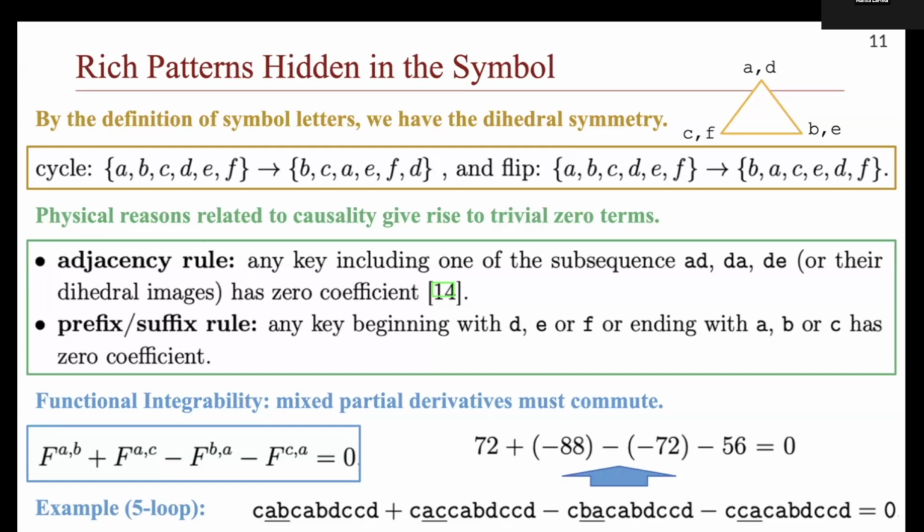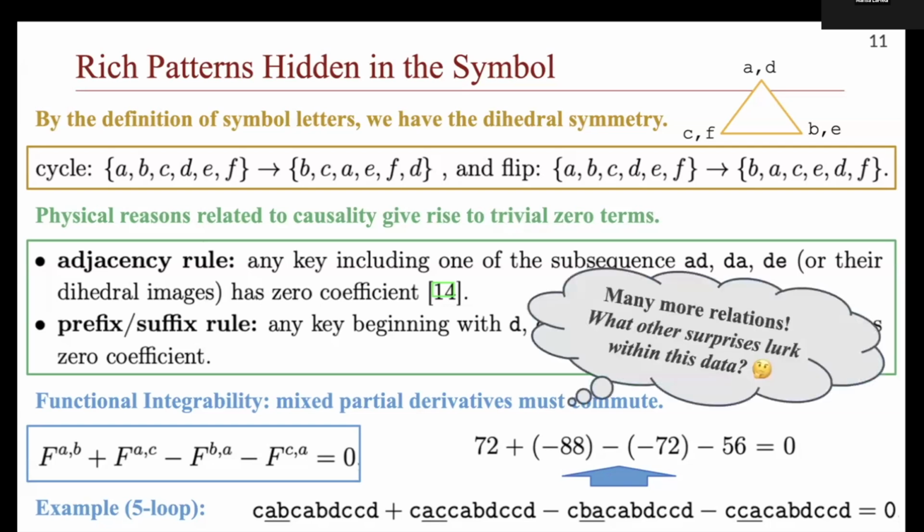To give you an example of how to read this relation, this is saying I can have AB, AC, BA, CA at any slot in your word, and all the other slots have to be exactly the same. Then you grab the coefficients corresponding to these words and add them up, and you find that they should sum up to 0. There are many more relations like this hidden within the data, and one of the goals we have is to try to discover more relations by using a machine.